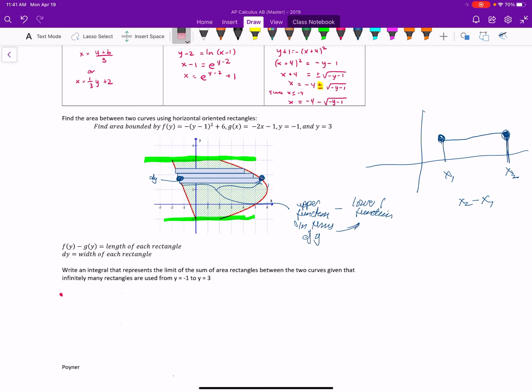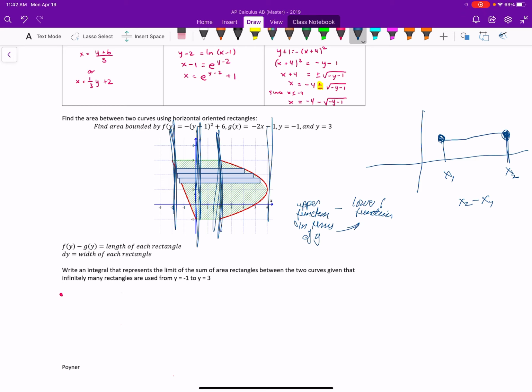Now you could essentially do this problem in terms of x, but it would be much more complicated because I would have to do 3 sections of this. I would have to do this first section and then this middle section and then this last section. So essentially, if I was doing rectangles here, this one happens to be a rectangle itself.